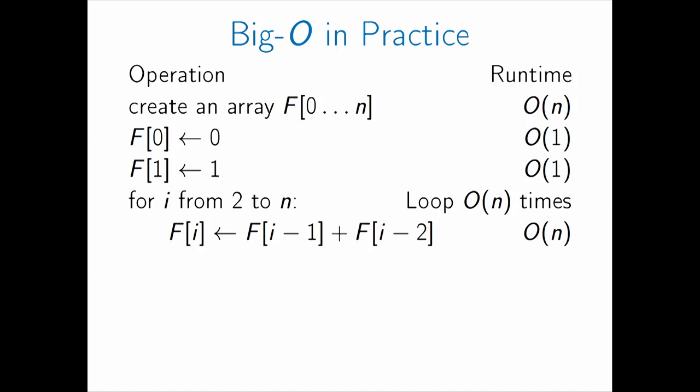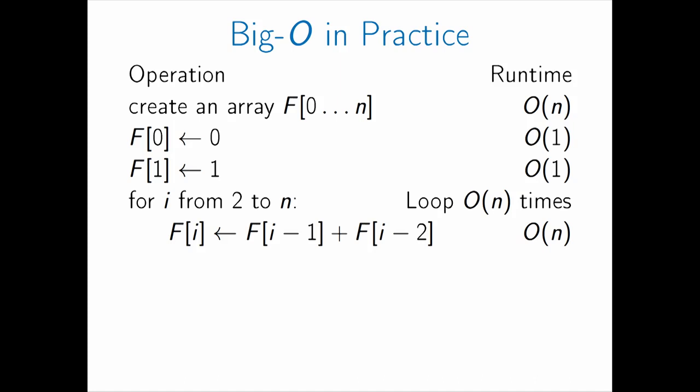But the addition is a bit worse. Normally additions are constant time, but these are large numbers. Remember, the nth Fibonacci number has about n over 5 digits to it. They're very big, and they often won't fit in the machine word. Now, if you think about what happens if you add two very big numbers together, how long does that take?